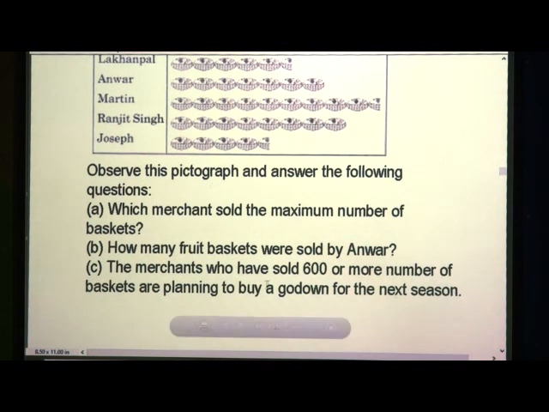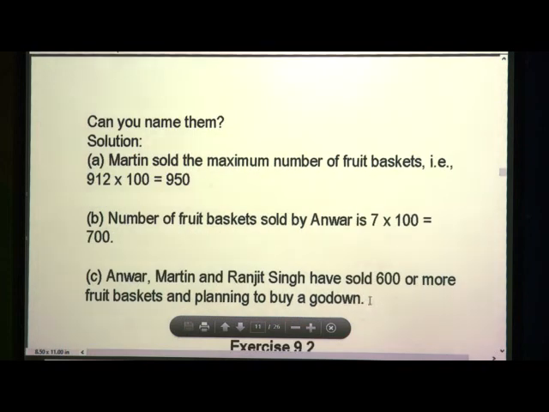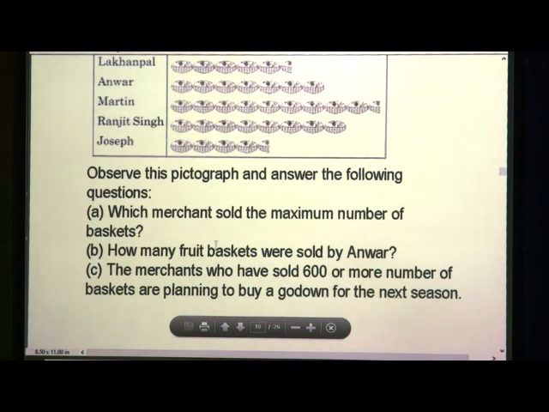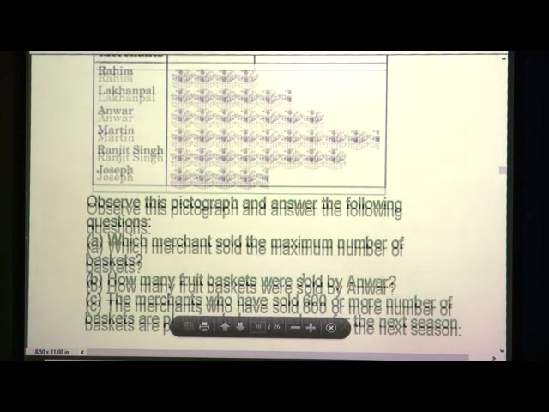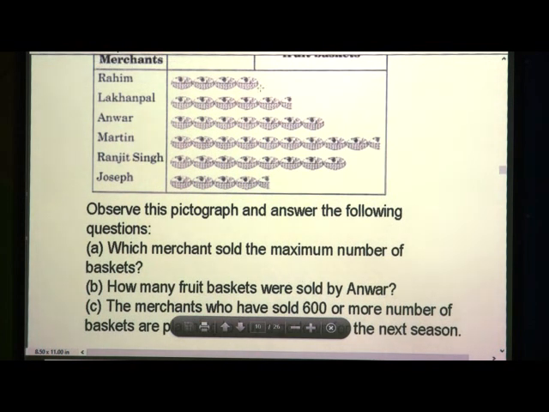The merchants who have sold 600 or more baskets are planning to buy a godown for the next season. Can you name them? See, who have sold 600 or more than 600. Anwar sold more than 600, Martin sold more than 600 and Ranjit sold more than 600.